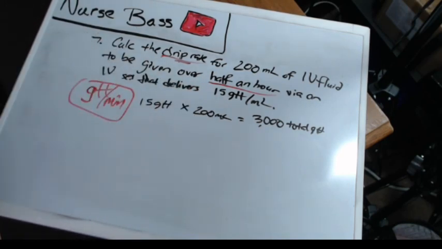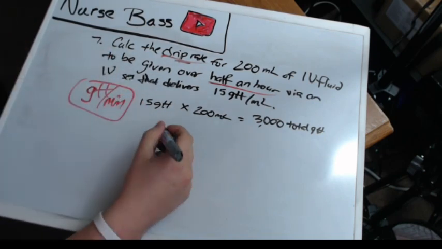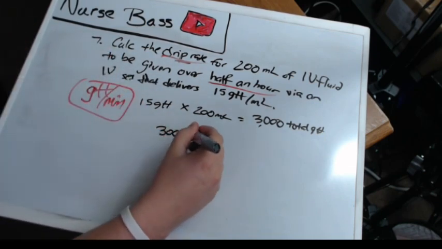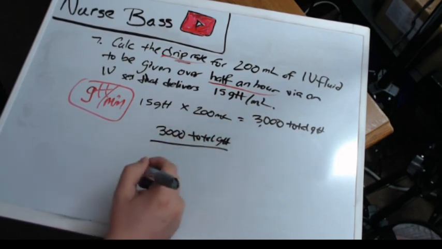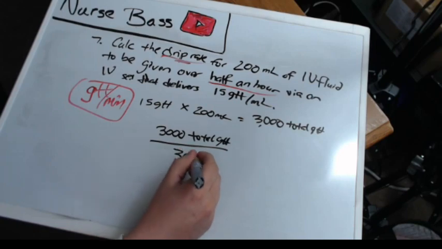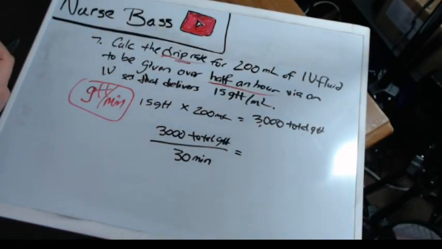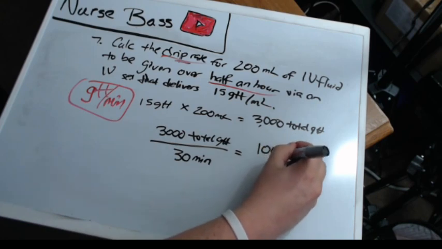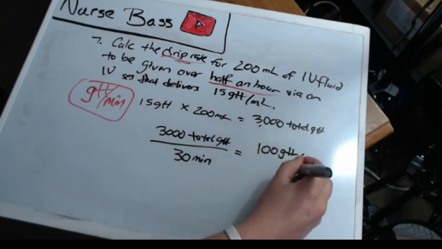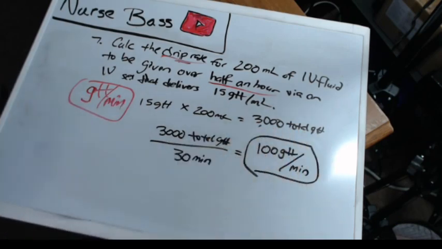How many minutes is in half an hour? 30 minutes, right? So what you do is you do your 3,000 total drops divided by your 30 minutes to give you your answer in drops per minute. And that's your answer.